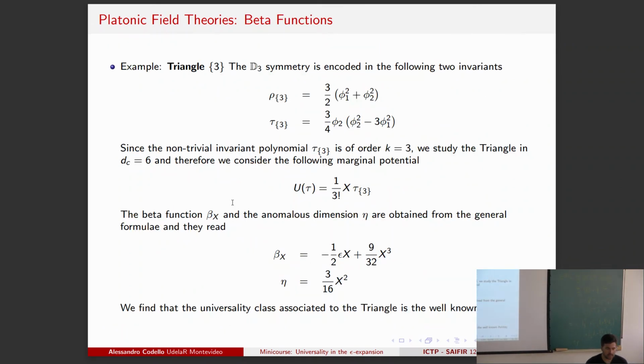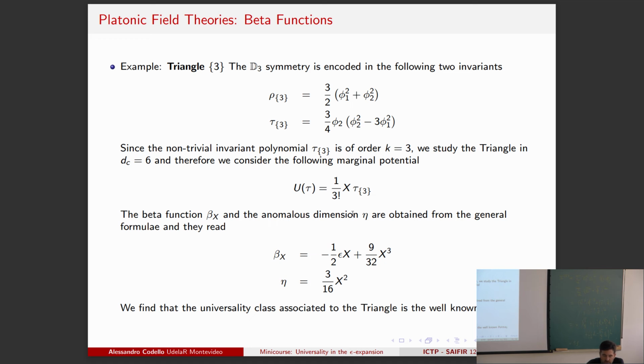So now we can do the beta functions. We know that our symmetry has the invariants that we just constructed. We know that this is a third-order invariant, so we naturally study it in 6 dimensions with a marginal coupling, which we call X. Now we plug this inside the master formulas.